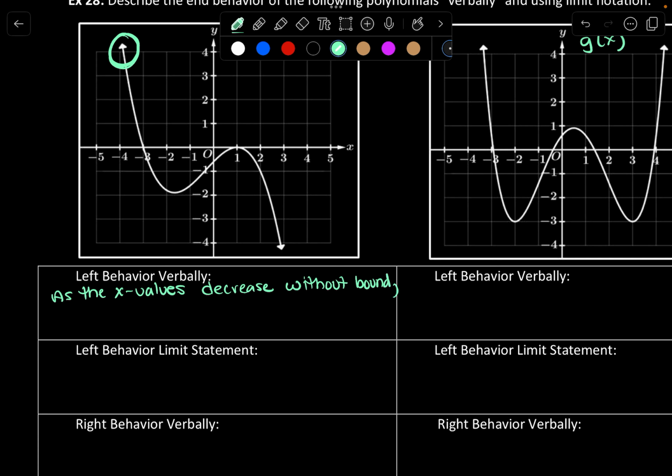So as the x values decrease without bound, the y values are going to infinity, and we can also say that the y values are increasing without bound.